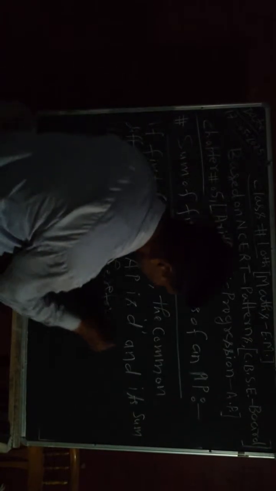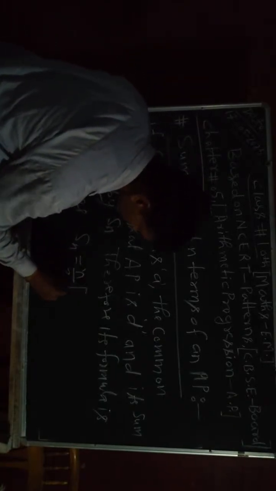So its formula is written as S_n equals n divided by 2, in the bracket 2a plus (n minus 1) into d.